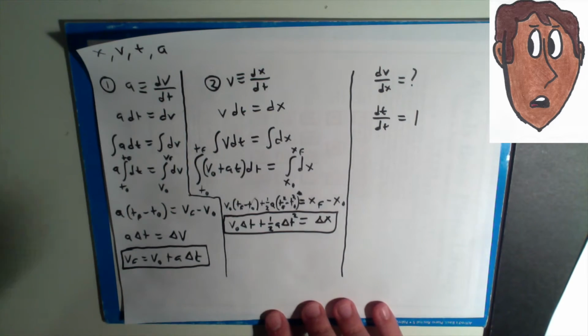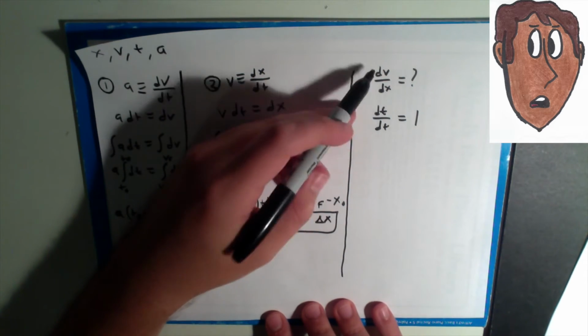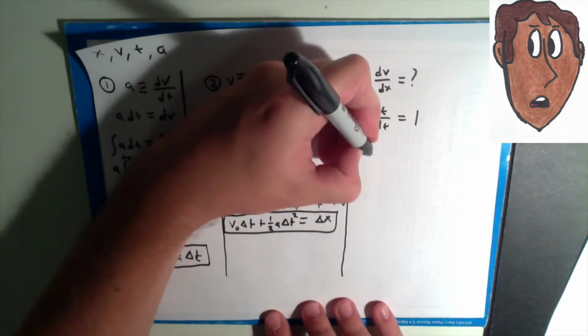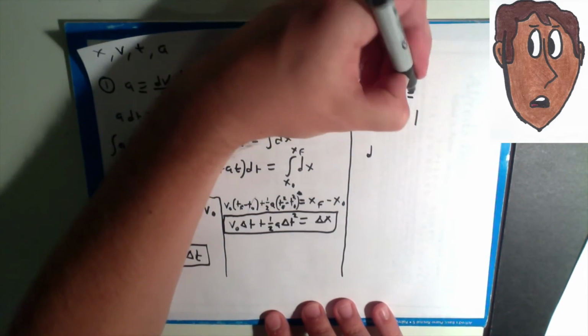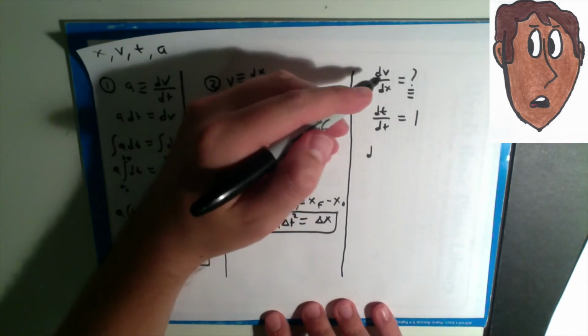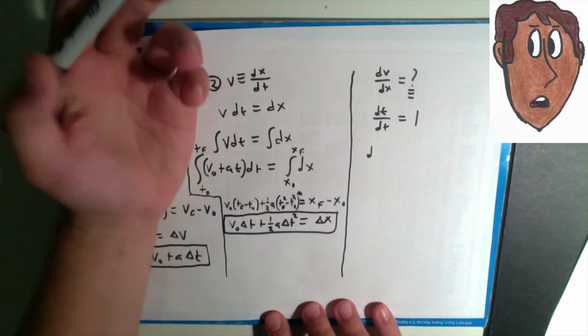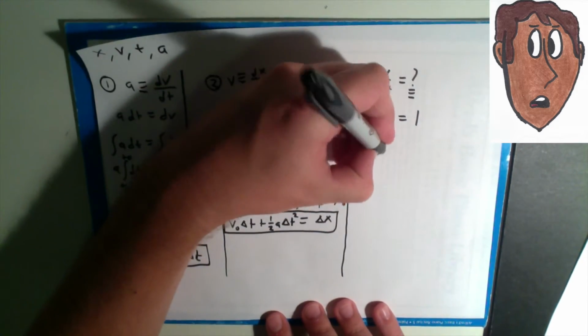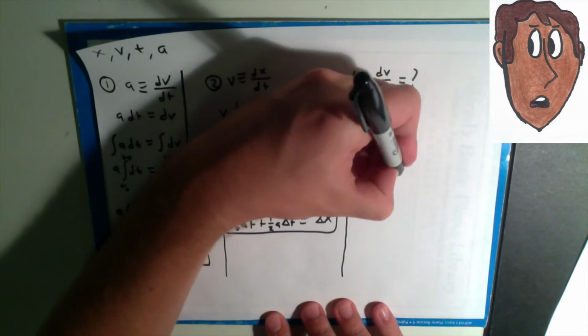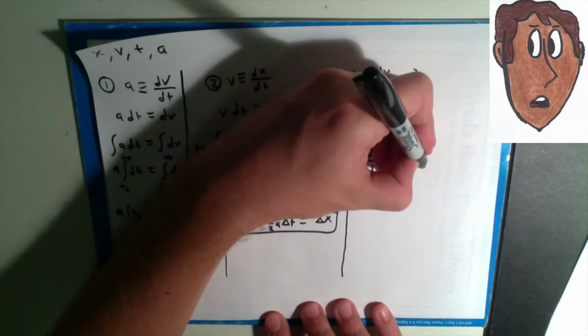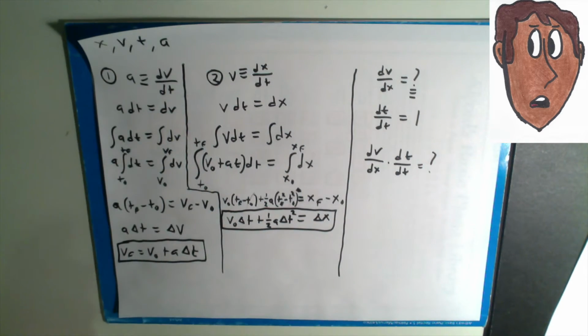So we could multiply these two together, and that would still give us whatever our unknown value is. What is change in velocity with respect to position? So let's write dv/dx times dt/dt equals question mark.